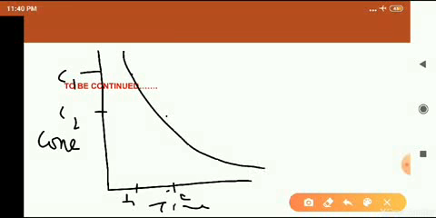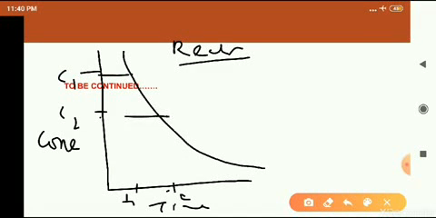This is the graph for reactants. From this graph, we can calculate the average rate of the reaction as well as the instantaneous rate of the reaction.